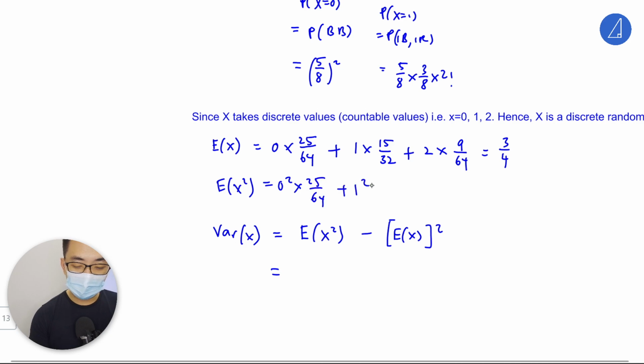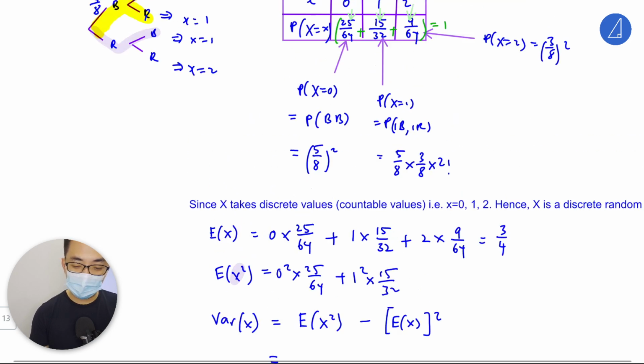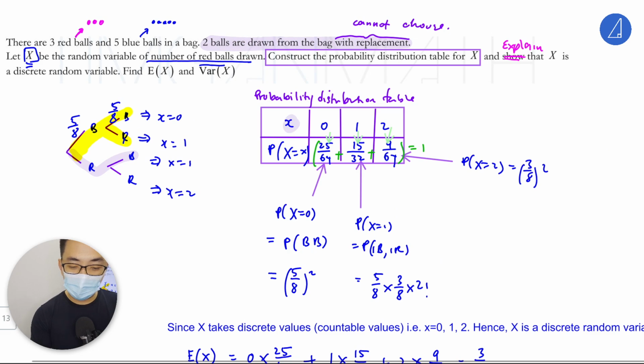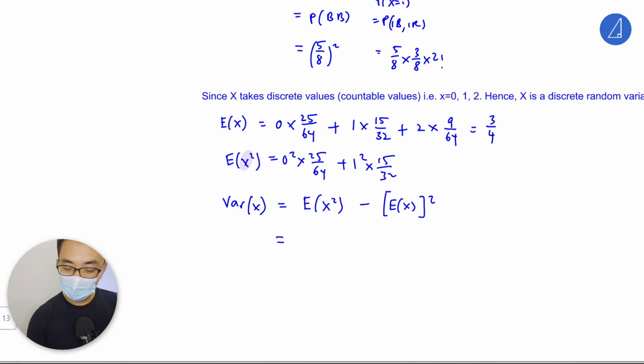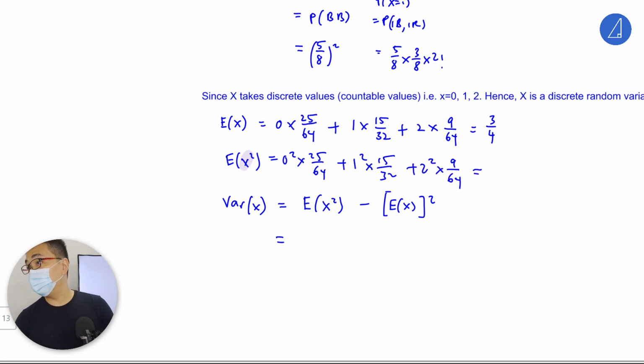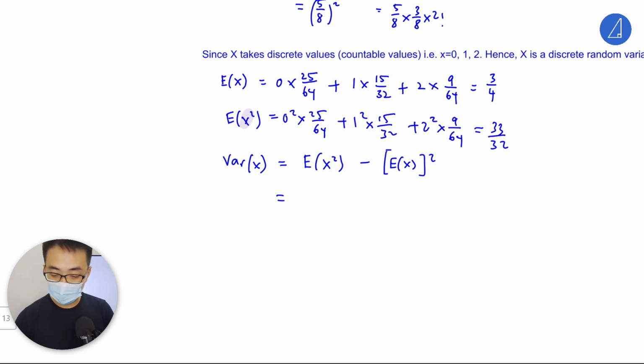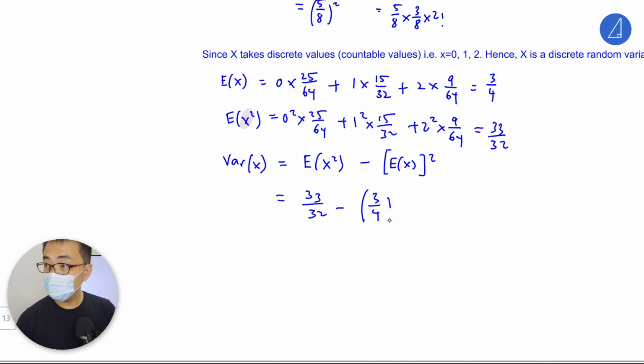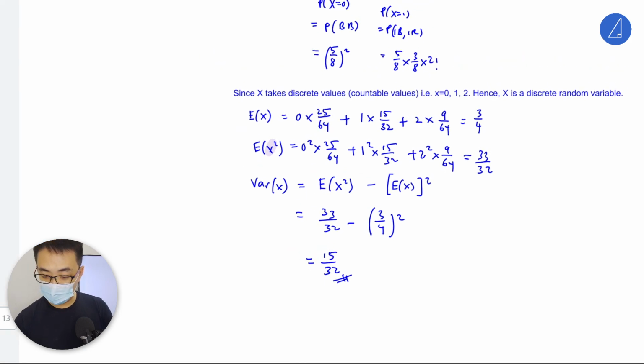X squared just means all these data points here, you square it. 2 squared times 9 over 64, and that will give us 33 over 32. So that is the answer.